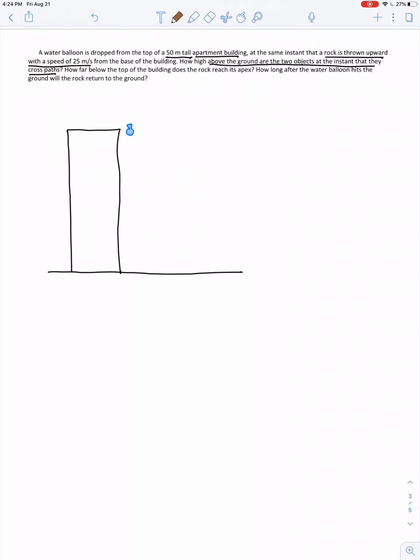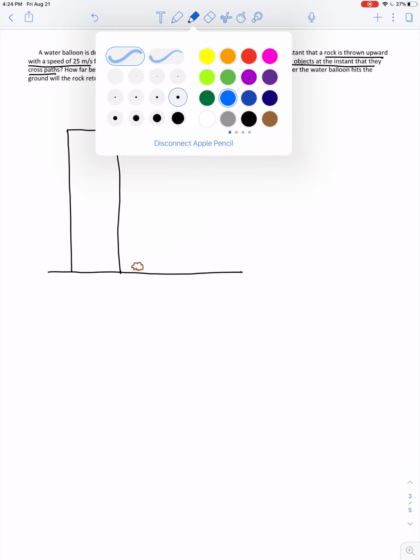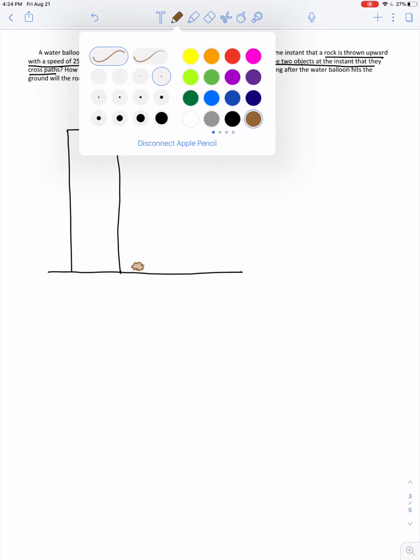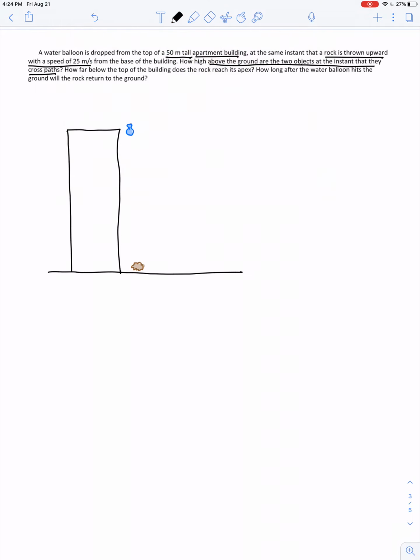Okay, we can make the rock brown. All right, good enough. So the water balloon is just dropped. Its initial velocity is equal to 0. And then the rock is projected upward. So its initial velocity is equal to 25 meters per second.